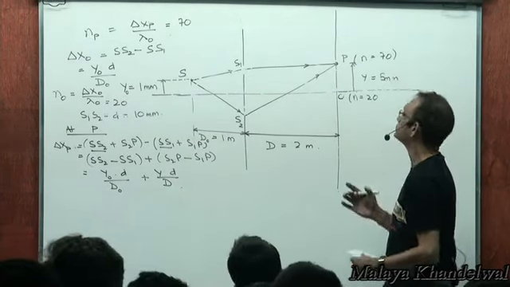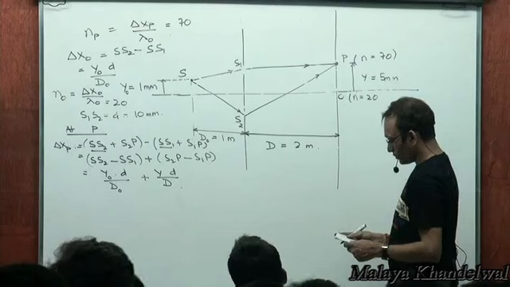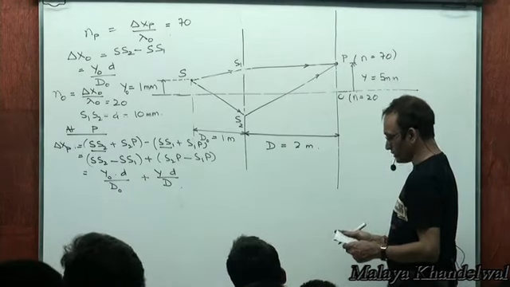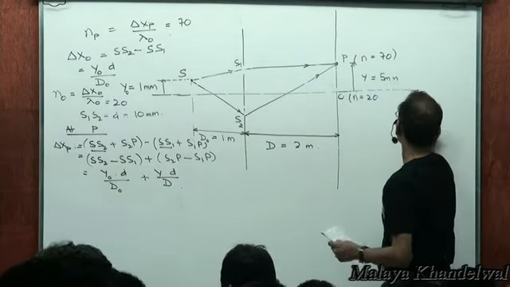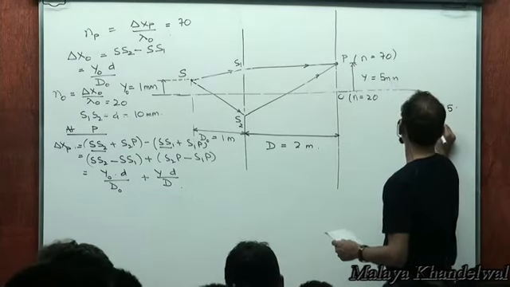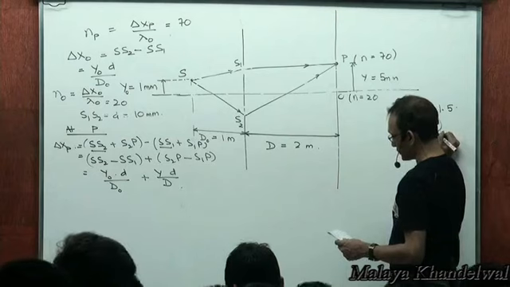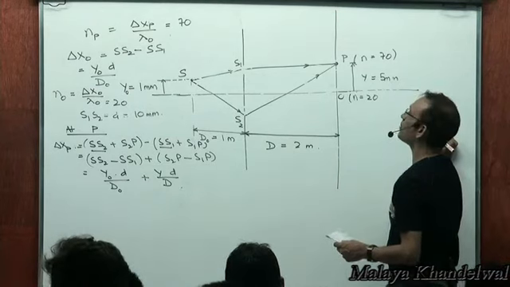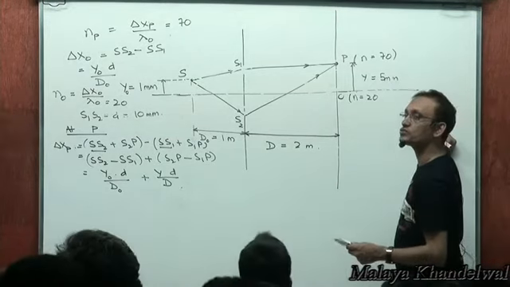Now, where should a film of refractive index mu equal to 1.5 be placed, and what should its thickness be, so that a maxima of 0 order is produced at O?